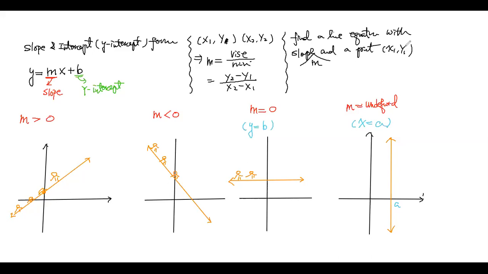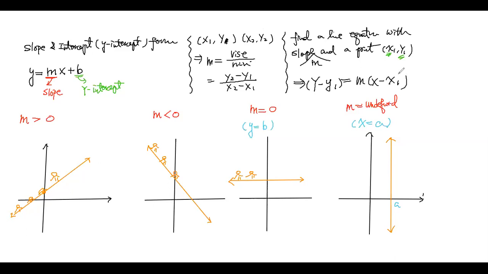I think your algebra teacher taught you many, many times. So the equation will be y minus y1, right? y1 is the given point. Then that is equal to m times x minus x1.